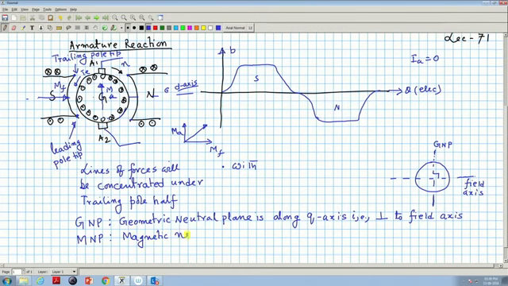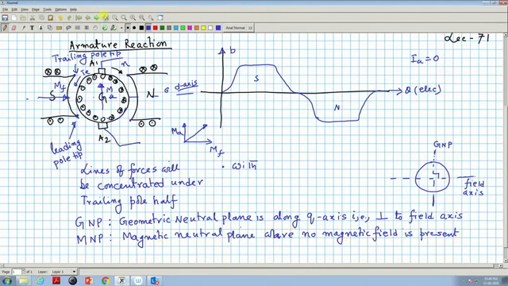The magnetic neutral plane is the plane where B will be 0, where no magnetic field exists. That is called the magnetic neutral plane.